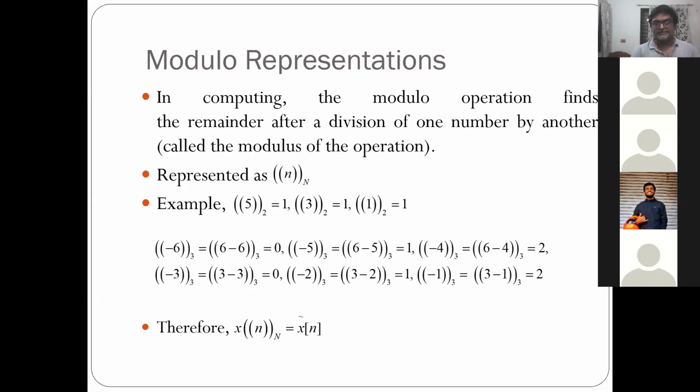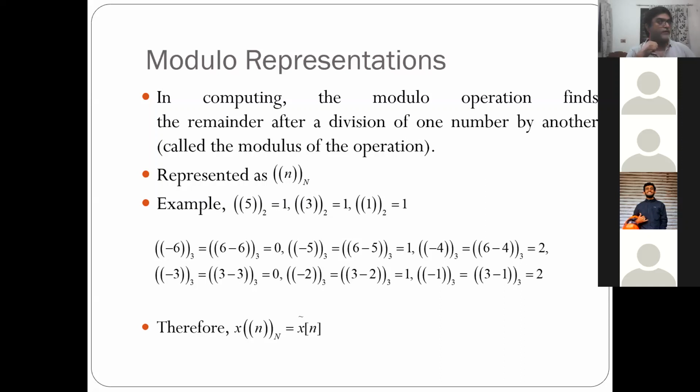We will see how it is done. So now, for example, the modulo operator is represented as n modulo N, so n within two brackets and capital N as a subscript. It refers to the remainder of n divided by capital N. So for example, what would be 5 modulo 2 in that case?